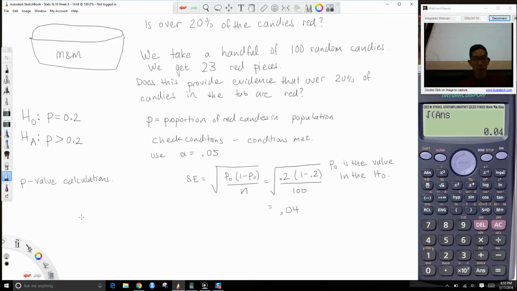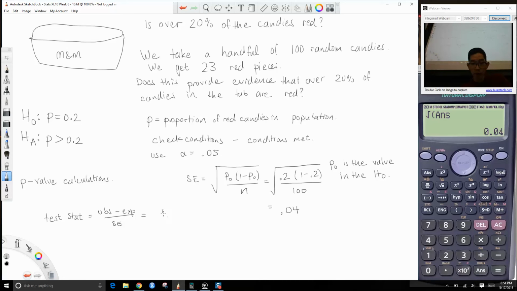All right, our test statistic is going to be the observed value minus the expected divided by the standard error. So here we are talking about p. What did we observe? What was the proportion that we observed? 0.23, right?